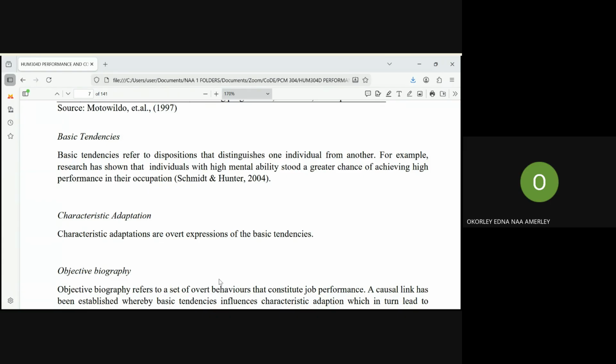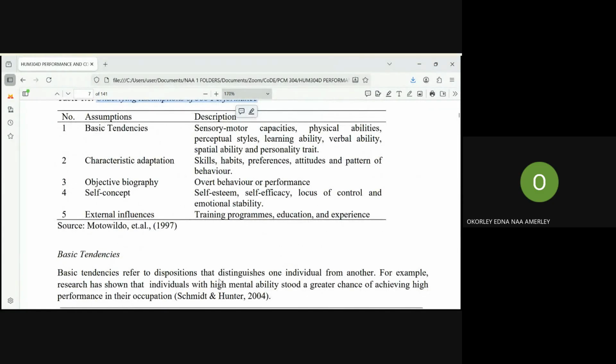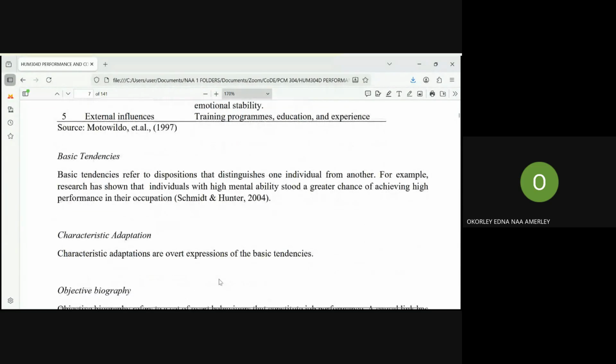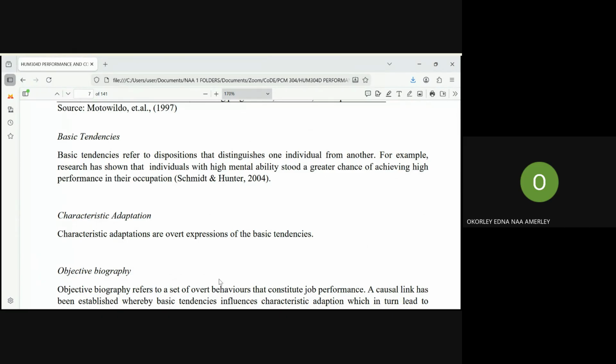You will achieve the performance of your job at a minimum task or at a lower task. And then under characteristic adaptation, how you use these skills, these habits, these preferences, attitudes openly to achieve whatever job you have to do. How openly you express this in your basic tendencies, that is, whether your high mentality or your motor sensory.